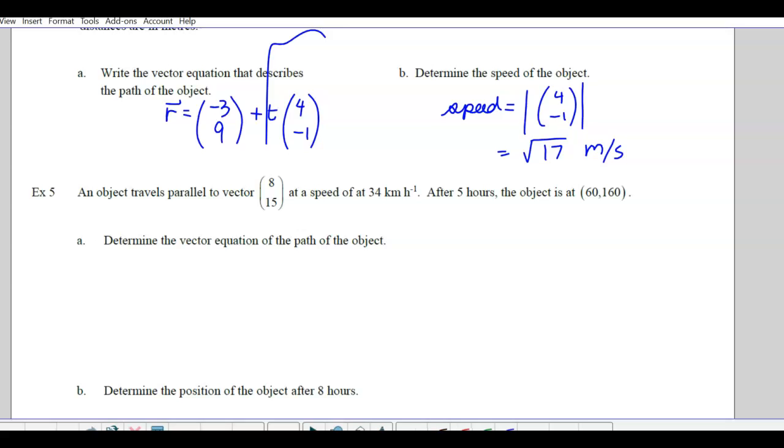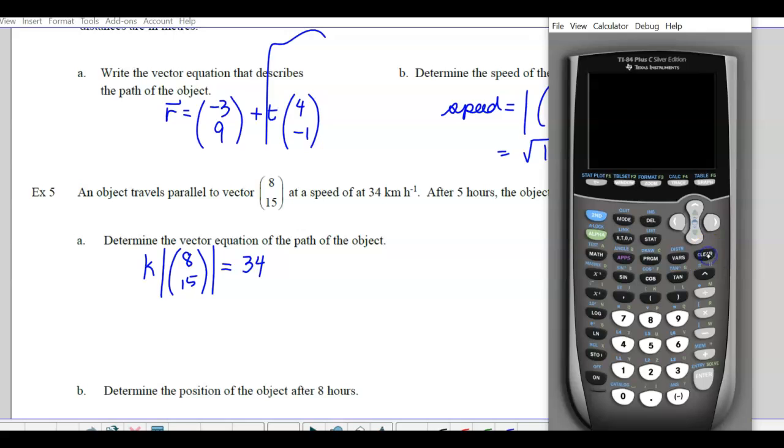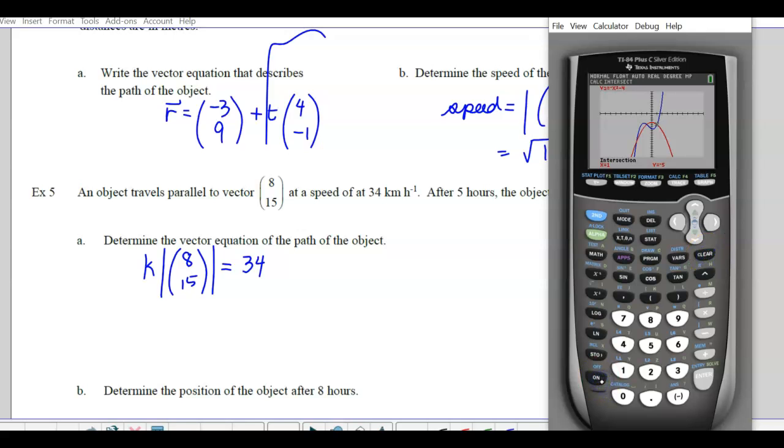So let's remember, k times the magnitude of (8, 15) has to give us 34. Okay, so that we can figure out what to multiply that vector by. So 8 squared plus 15 squared, and that actually is a perfect square.